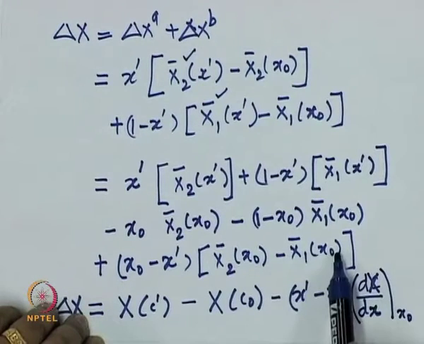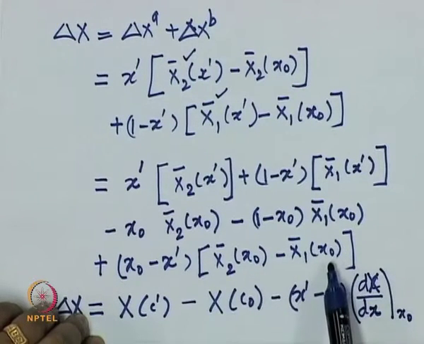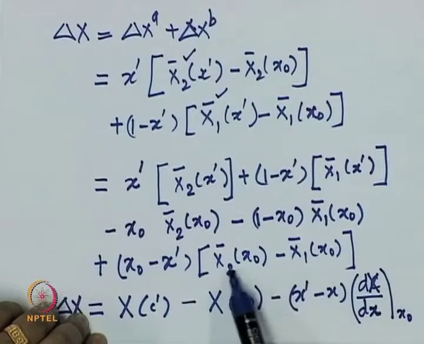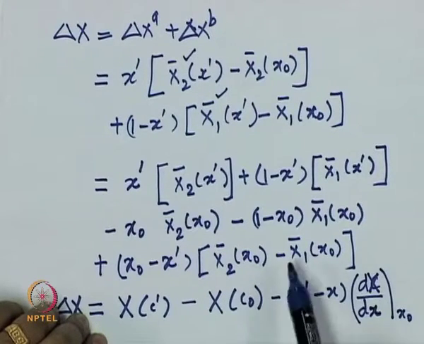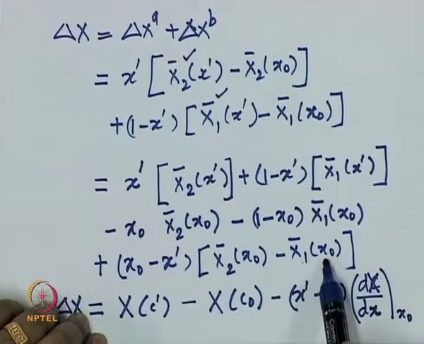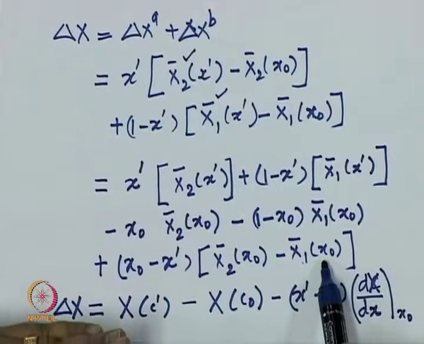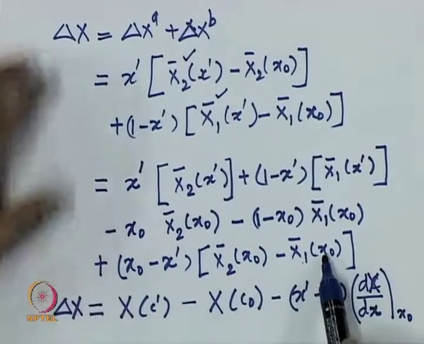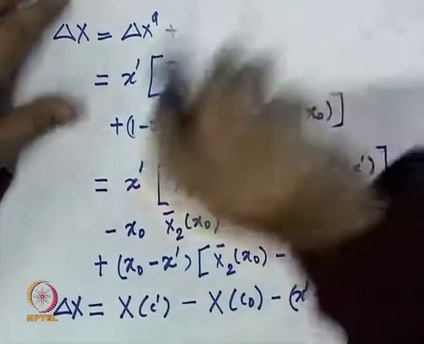So, this is nothing but the slope at x naught, if you take, that will tell you the x2 bar. x prime is basically where the line cuts the y axis for the component 2. This is nothing but where the line cuts the y axis at the pure A, where x equal to 0. So, if you take the common tangent, the tangent at the position x naught, where it cuts the two lines. So, let me go back here.